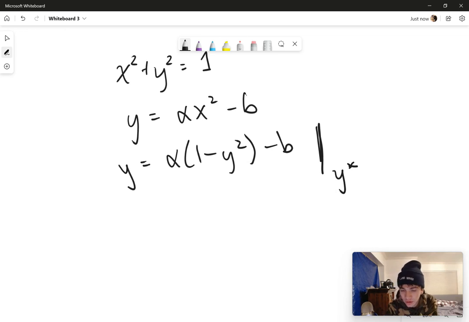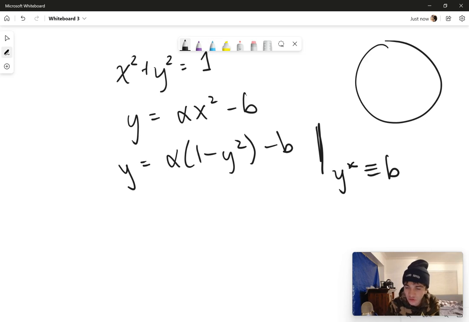And so when I restrain y star to equal b, I'm just going to plug that into this equation, and I'm going to get b equals alpha times 1 minus b squared minus b. And so I can solve for b now. It's just a quadratic equation. So I'm going to have 2 over alpha b equals 1 minus b squared, I think, right?